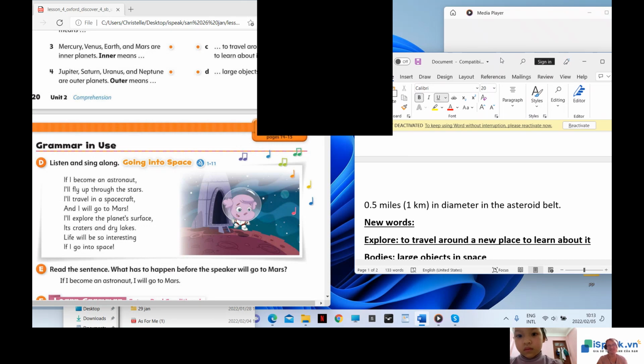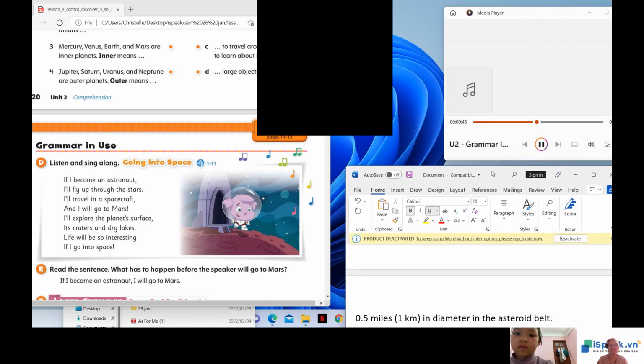Life will be so interesting if I go into space. If I become an astronaut, I'll fly up through the stars. I'll travel in a spacecraft and I will go to Mars. I'll explore the planet's surface, its craters and dry lakes. Life will be so interesting if I go into space.